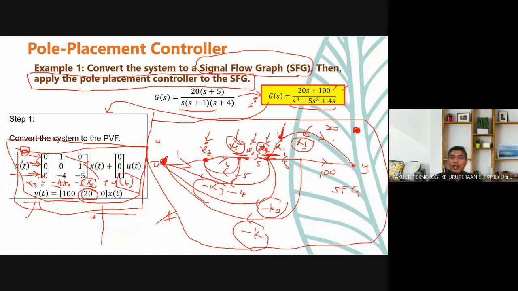Other than that, you already know 20, 100, the gain of 5, the gain of 4, and so on. You already know them from the transfer function. However, you don't know the values of negative K1, negative K2, and negative K3 only. So this is what you will try to do until the end of the class.